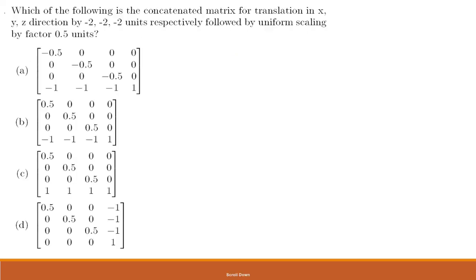Okay, then the next: which of the following is the combined matrix or concatenated matrix for translation in xyz direction by -2 units, triple time -2, and then uniform scaling by factor 0.5. So we have to find out the combined matrix. So first of all, let us find out the matrix for translation in xyz direction by -2 units.